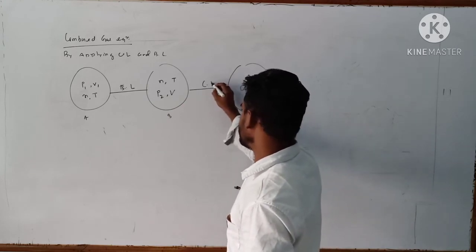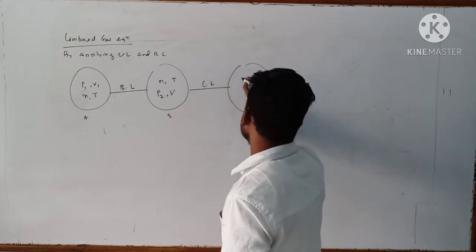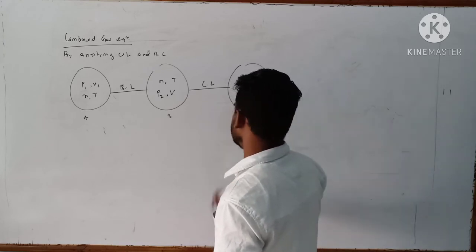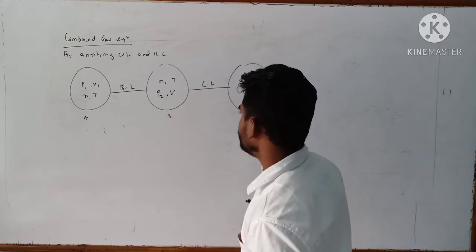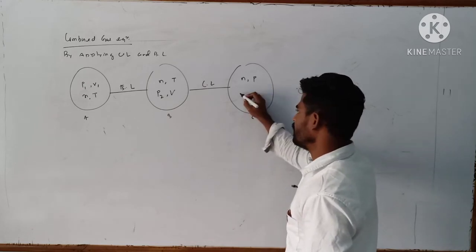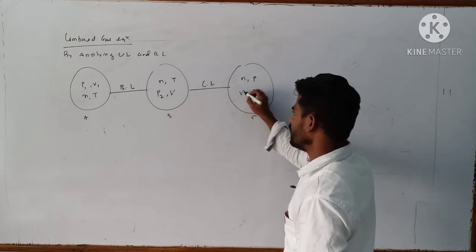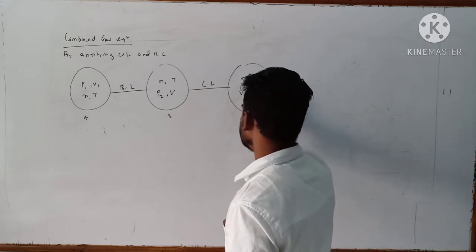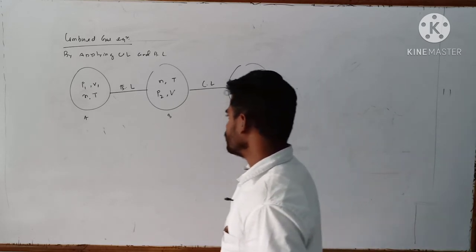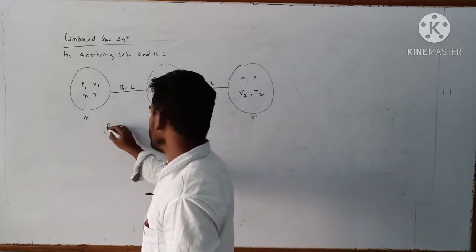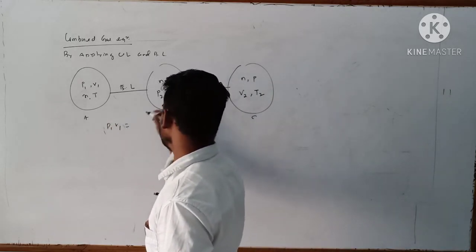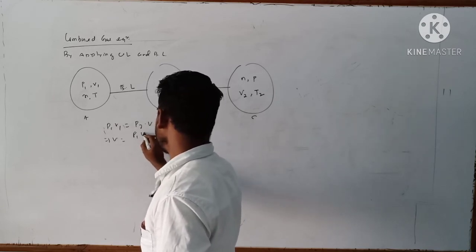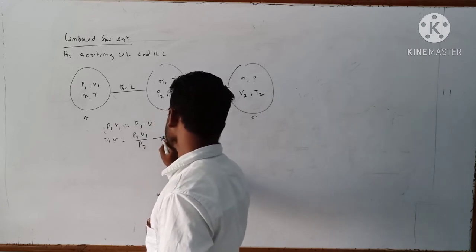Next, let's say change by Charles law from B to C. So N and pressure are constant, and the relationship between volume and temperature: V changes to V2 and temperature is T2. From here I can write P1 V1 equals P2 V, so V equals P1 V1 by P2. This is equation 1.